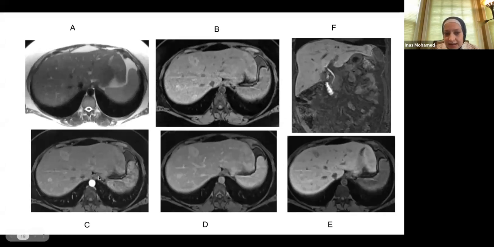This is the late arterial phase. This is the portovenous phase. This is delayed. And I want you to look at that and tell me what you think. You can just look at this one, and they're all the same. What is that?